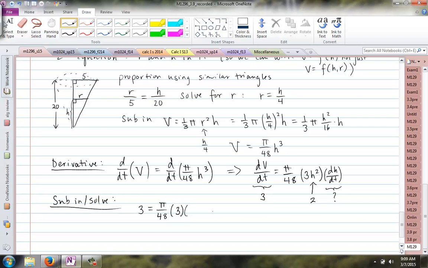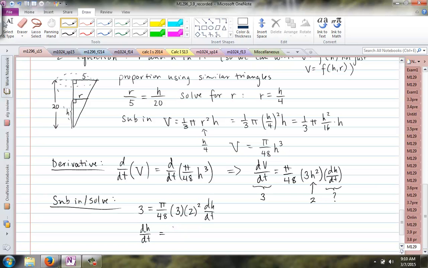Three times 2 squared, and then we have our times dh over dt. So we just go ahead and finish this. Basically divide by all this stuff. We're going to have the 3's go away.